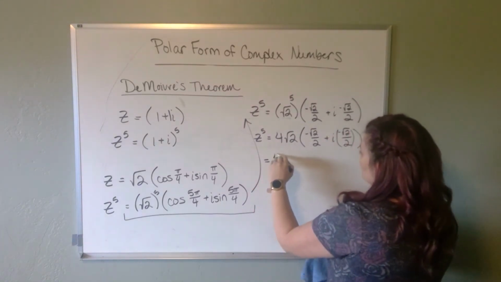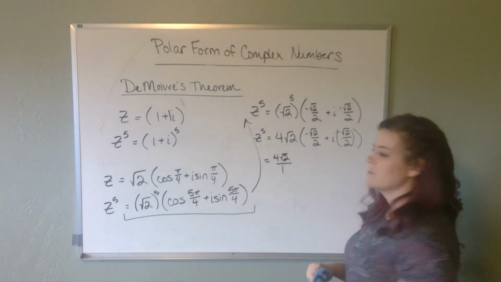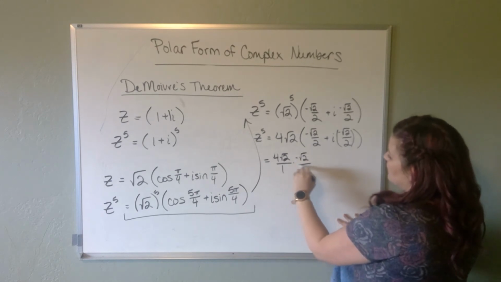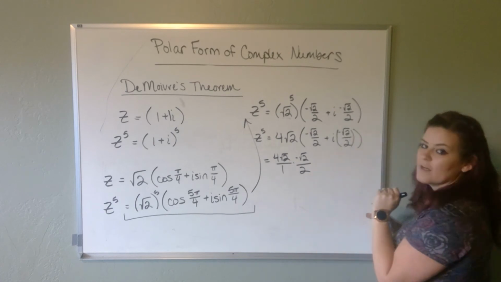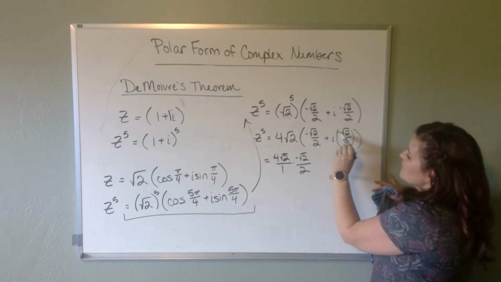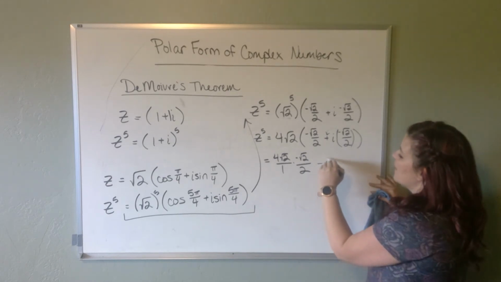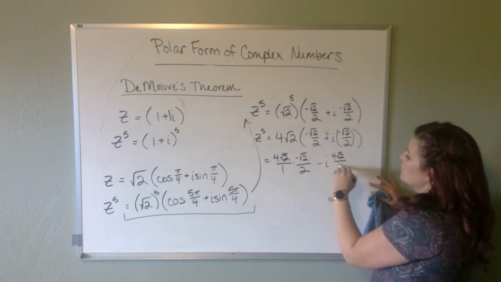So let's write 4 root 2. Let's put it over 1 since we're multiplying it by fractions. So let's distribute it to this term. That's what that looks like. Before I write a plus there, let's take this minus and call this minus i times 4 root 2 over 1.